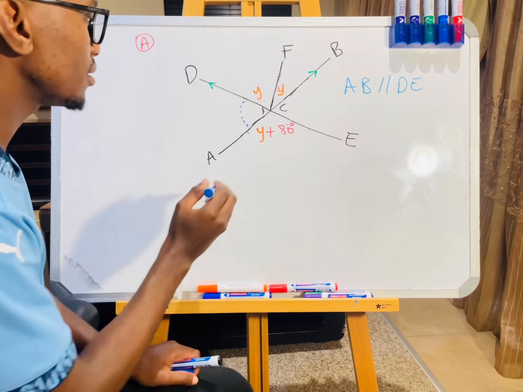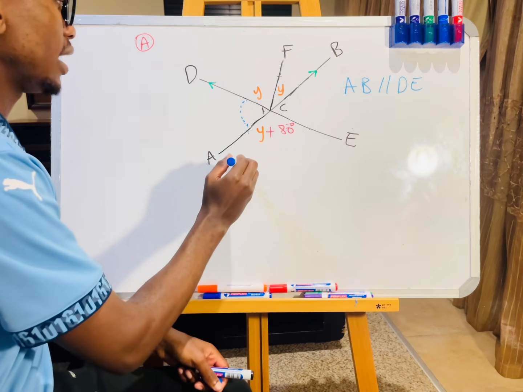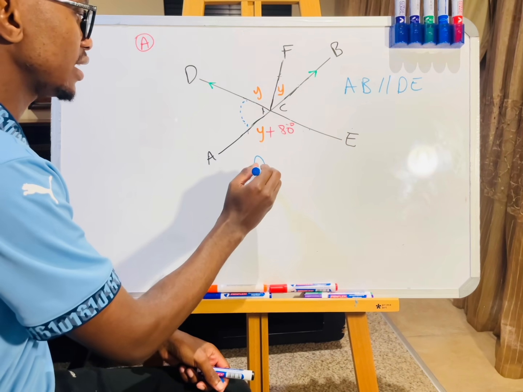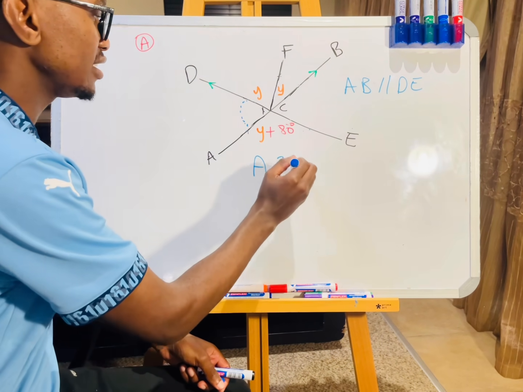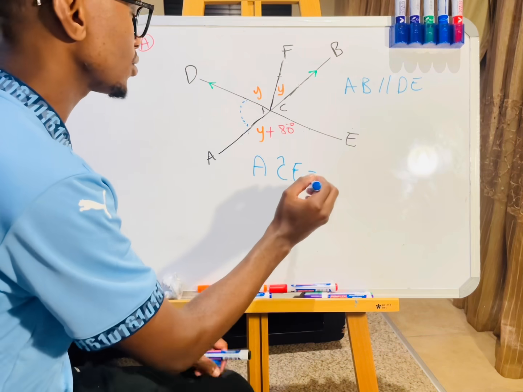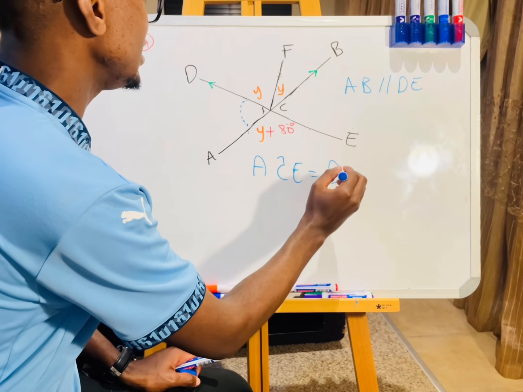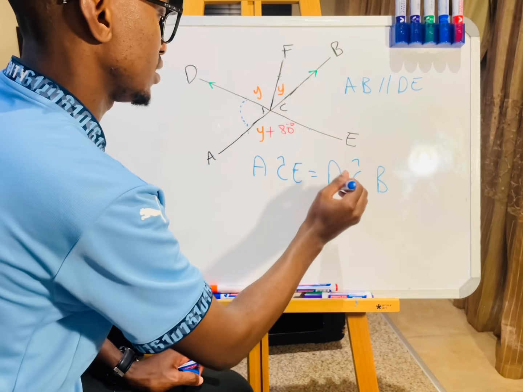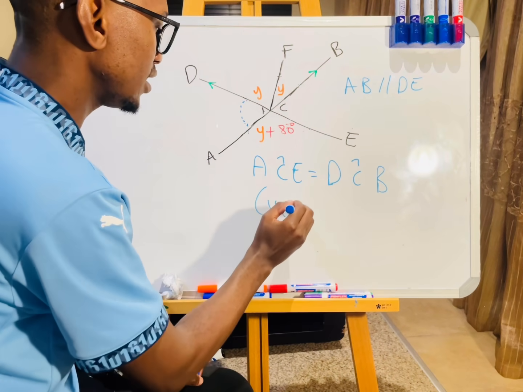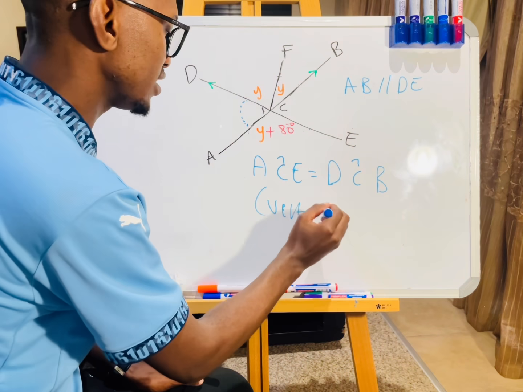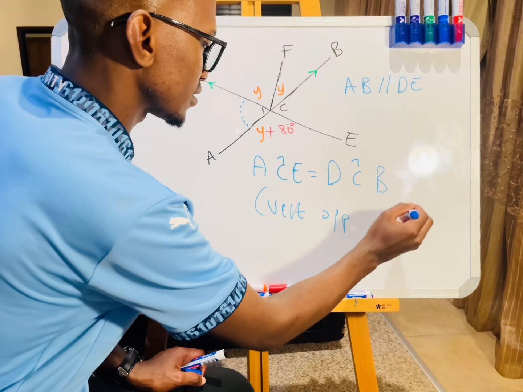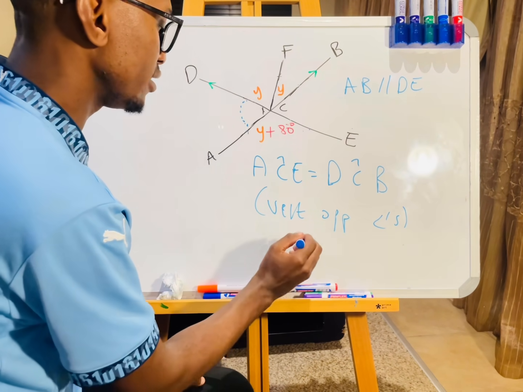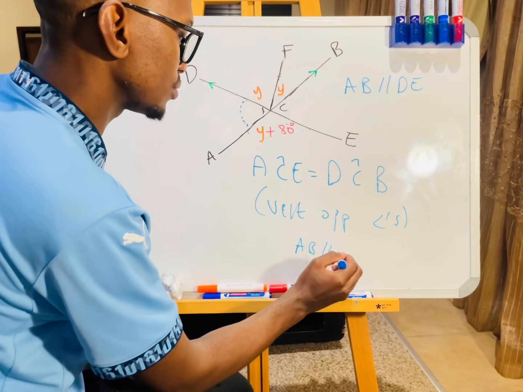Then what I'm going to do here, I'm going to say, okay, angle ACE equals angle DCB. Our reason is vertically opposite angles, as AB is parallel to DE.